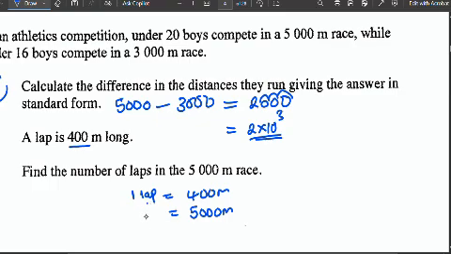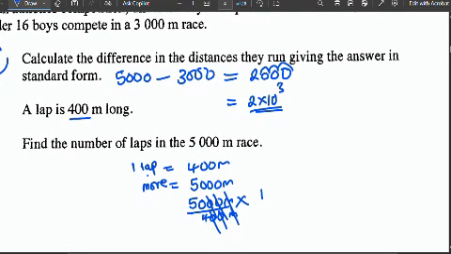So it's more. So if it's more, bigger number on top, so it will be 5,000 over 400 times 1 lap, right? So 0 and a 0, 0 and a 0. Okay, we have m and m will cancel each other, right? So now we have 50 divided by 4. 4 into 4, 1.